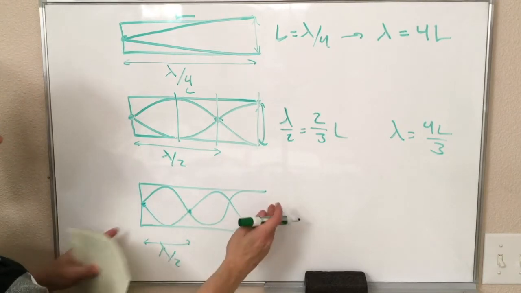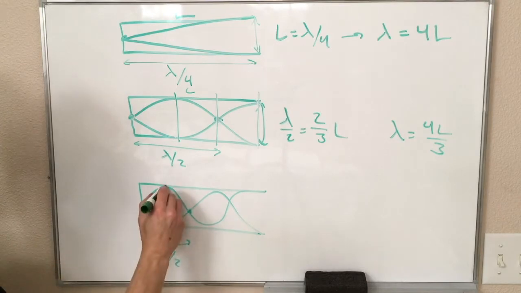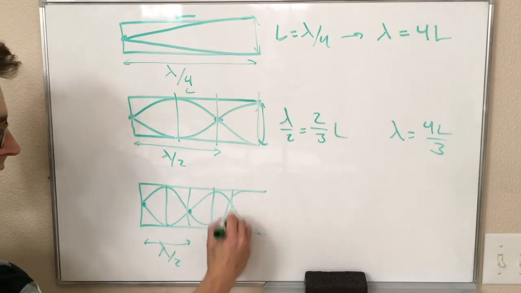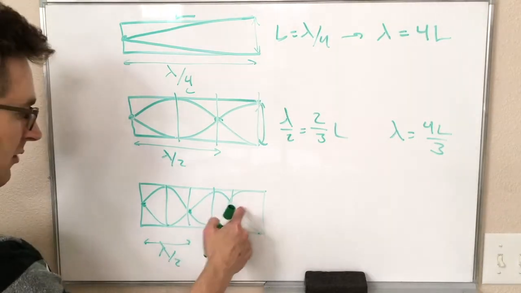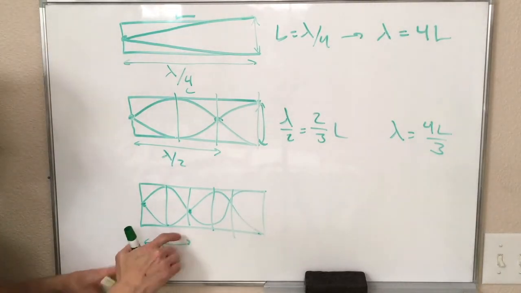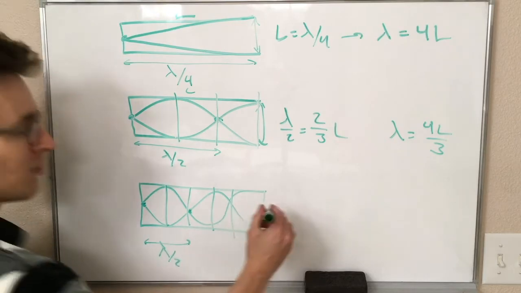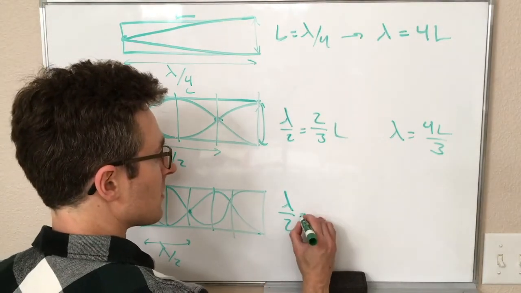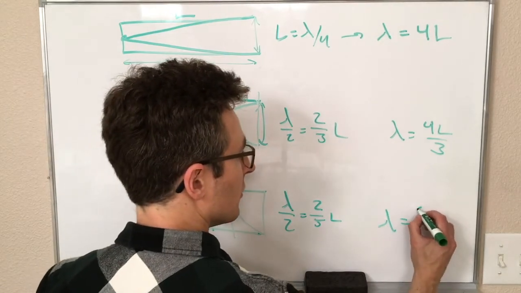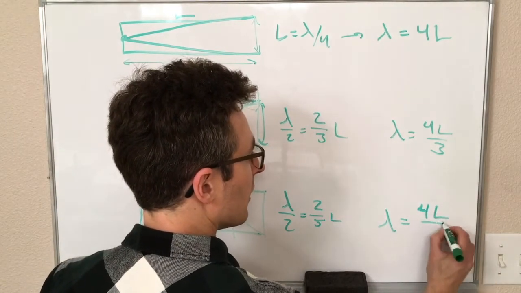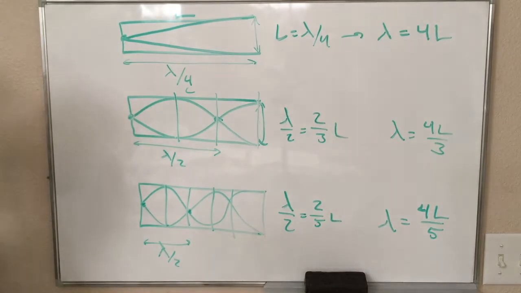And now, if we look at how L is split up, we have it split up into 5 equal parts: 1, 2, 3, 4, 5. So lambda over 2 is 2 of those 5. Lambda over 2 is 2/5 of L, which means lambda is equal to 4L over 5.